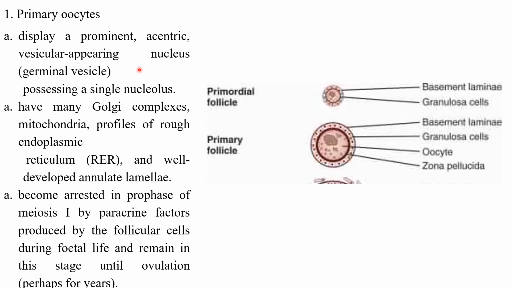The primary oocytes have many Golgi complexes, mitochondria, profiles of rough endoplasmic reticulum, and well-developed annulate lamellae. They become arrested in the prophase of meiosis I by paracrine factors produced by the follicular cells during fetal life and remain in this stage until ovulation, generally for many years.